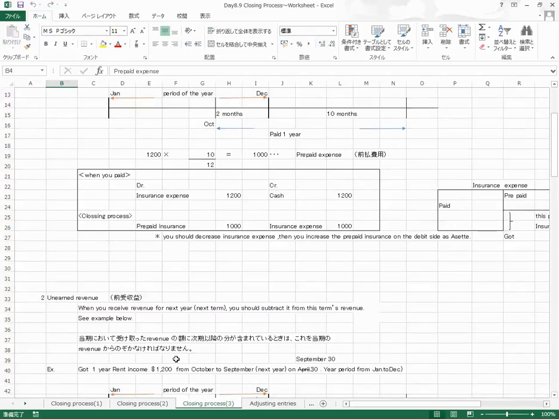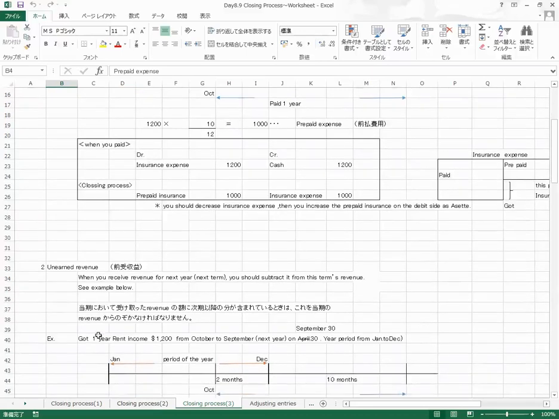When you receive revenue amount for next year, when you receive revenue included in the next term, you should divide it from this term revenue.